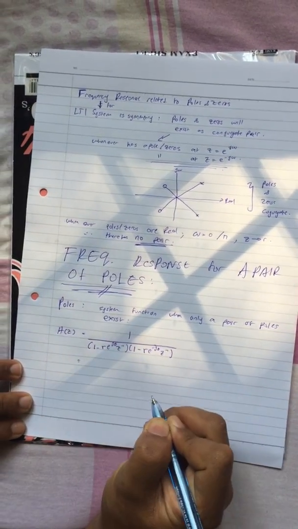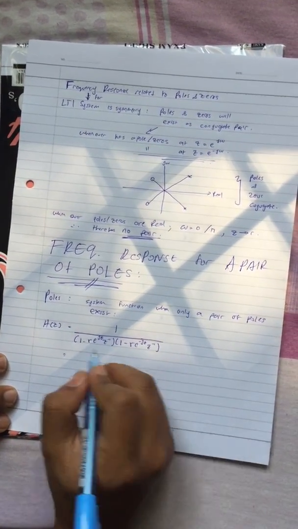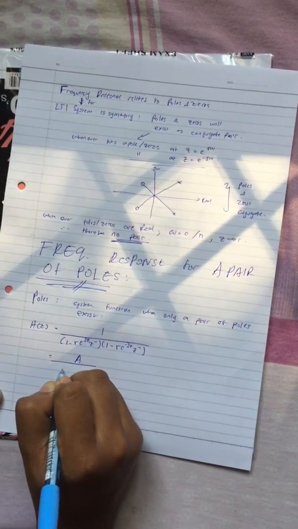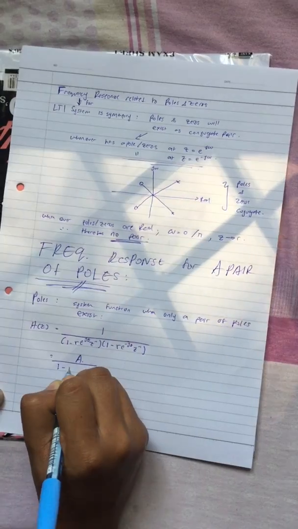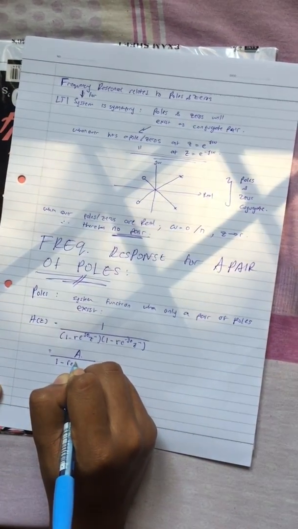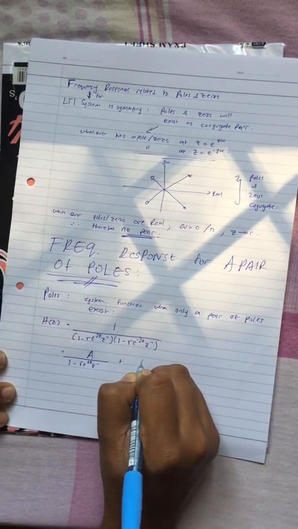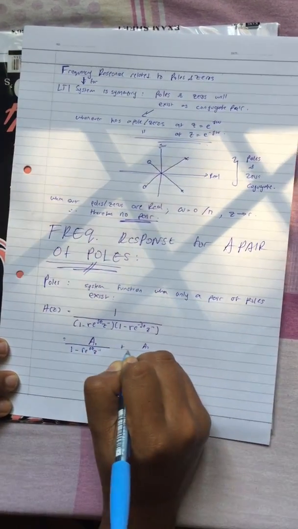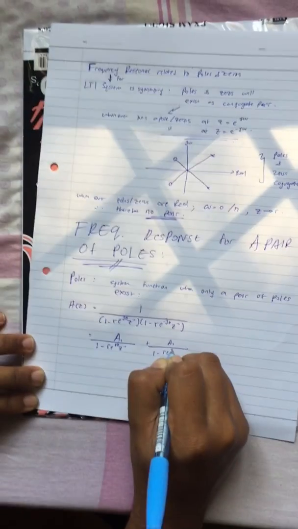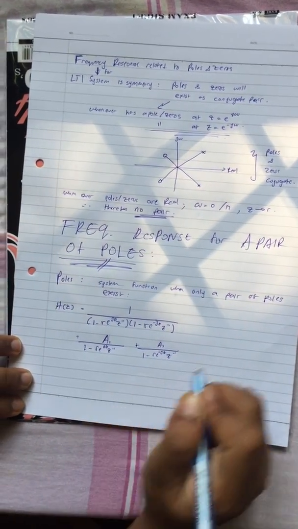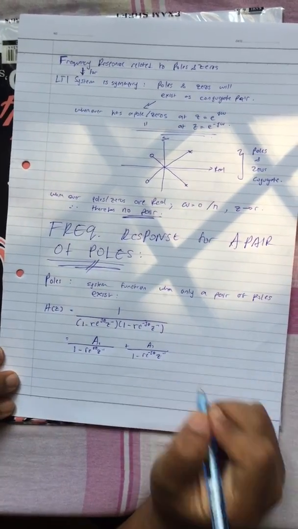We will rearrange it until it becomes this form: A1 over (1 minus r e^(jθ) z^(-1)) plus A2 over (1 minus r e^(-jθ) z^(-1)).